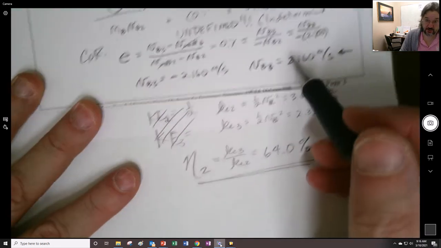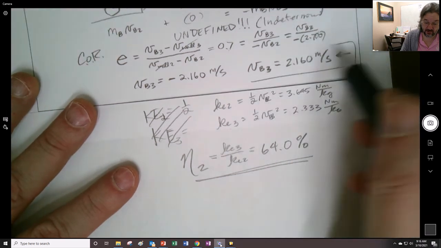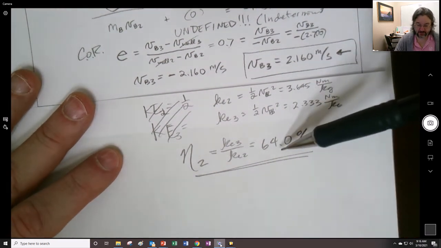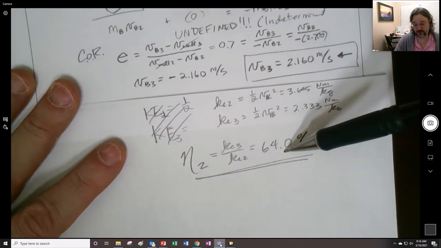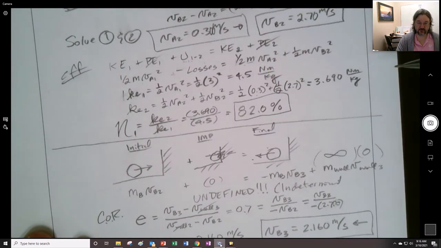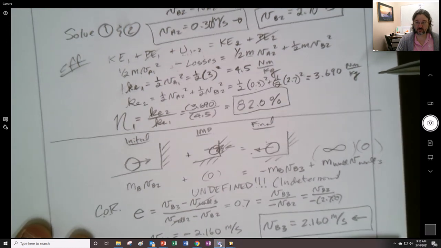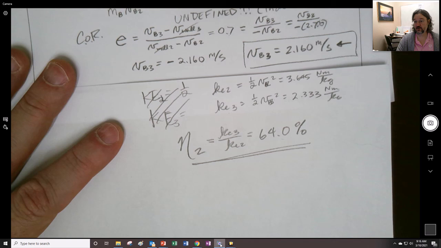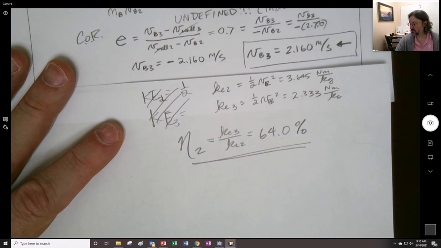So that's an interesting thing to start to reflect on, how that happened right here, right? That was much more inefficient than the initial one. So this is our first efficiency that we found when it was ball hitting ball, but now when it was ball hitting wall, it was less efficient. Interesting type of results.